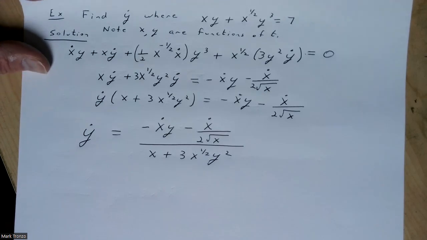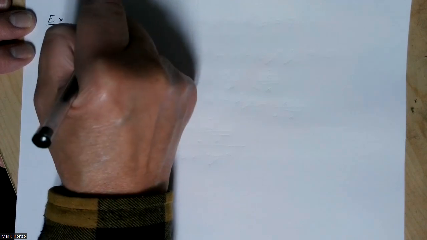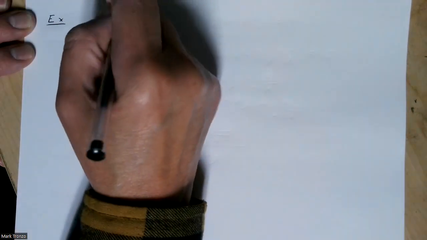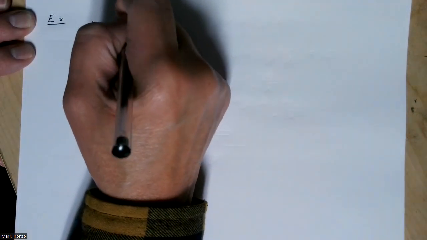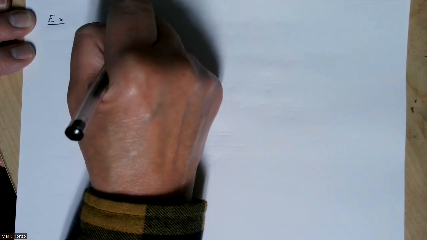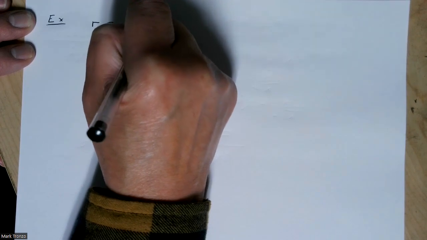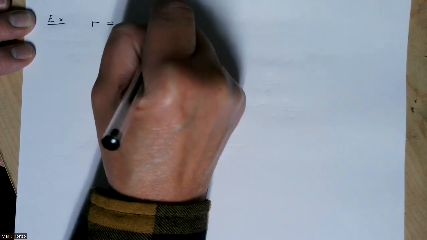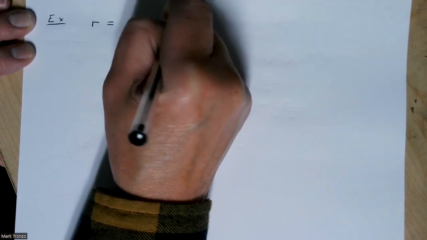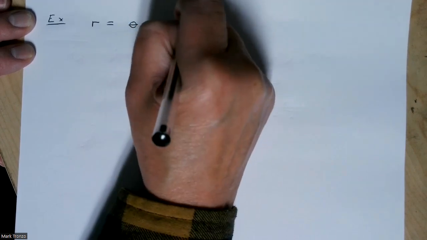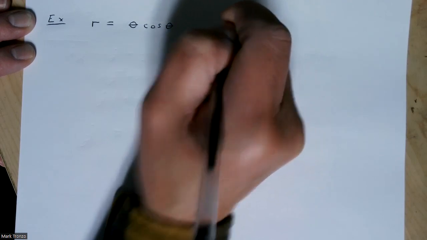So let's do one more example, or at least one more. We'll see how this goes. So let's say you have an equation. This might be typical of what you might have. Let's say you have an equation given by this, and you have theta, cos theta, like this.